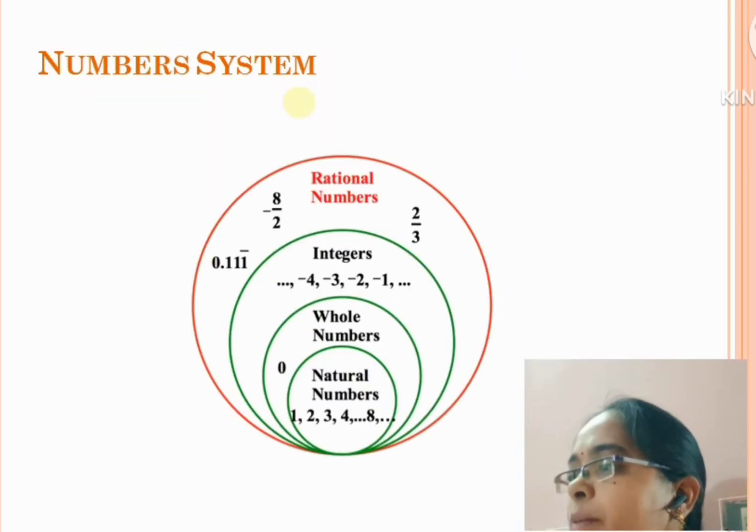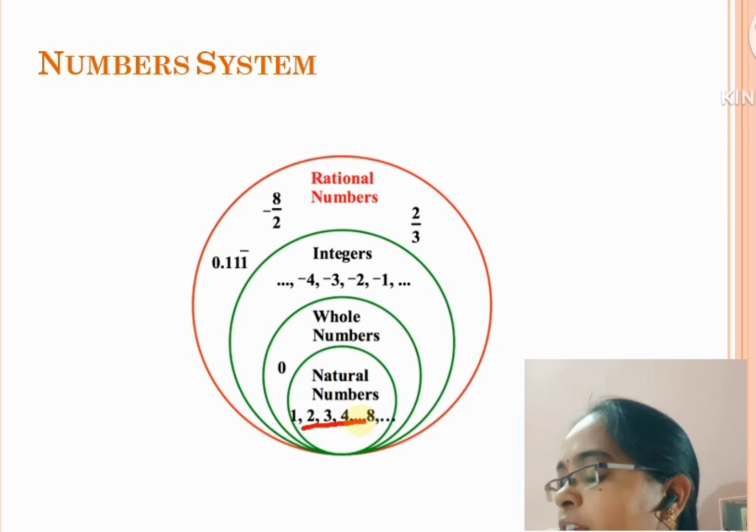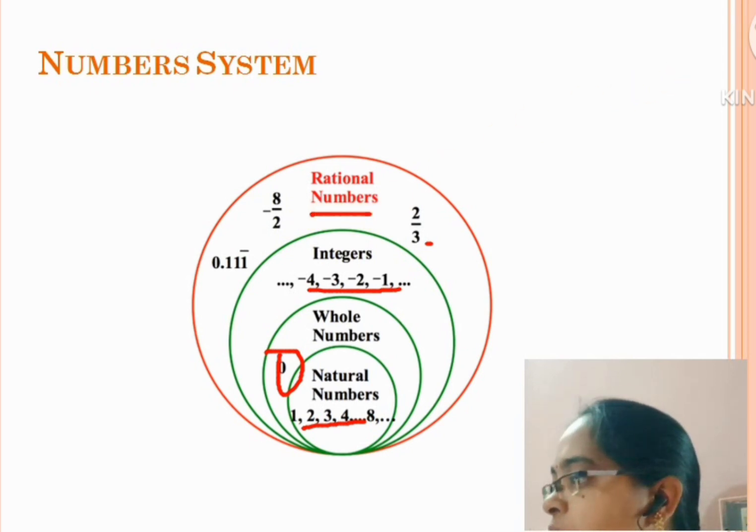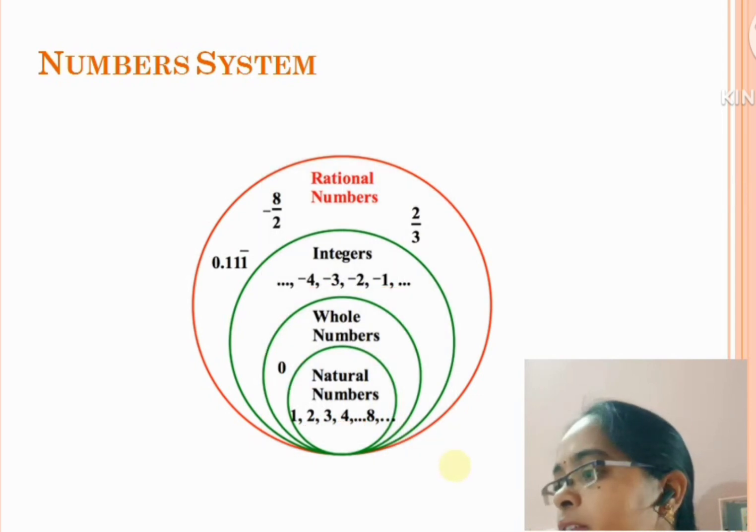Once we observe our number system, we have natural numbers, that is all counting numbers. Counting numbers along with zero are called whole numbers, and whole numbers with negative numbers are called integers. All these numbers including negative and positive fractions are called rational numbers. So the numbers are categorized as natural numbers, whole numbers, integers and rational numbers.